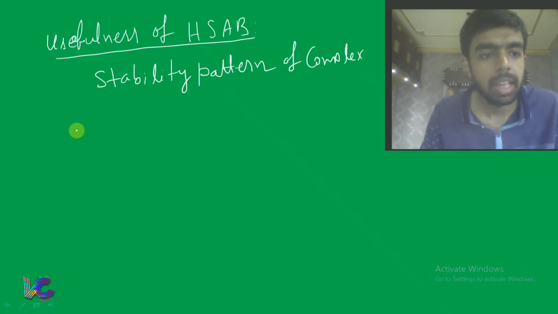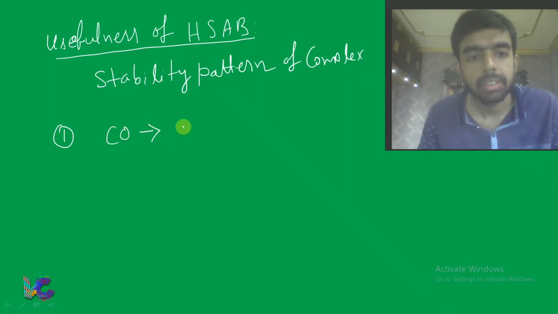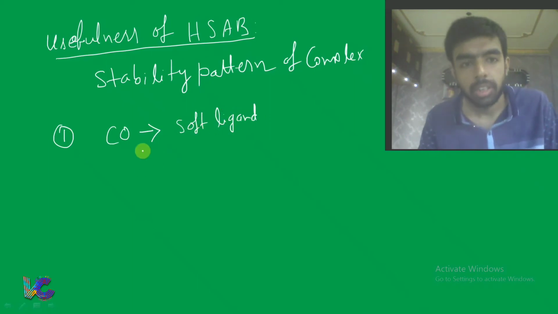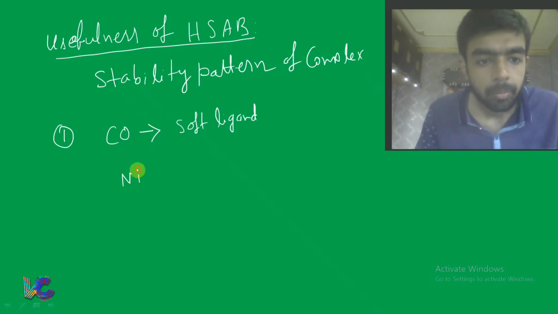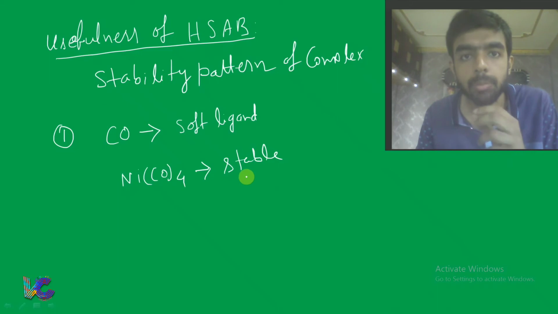If you see the example, CO is a soft ligand, it is soft in nature. As it is soft, it will prefer to bind with a soft metal according to the HSAB principle. Now Ni(CO)4 is a stable complex, this you know. So the stability of Ni(CO)4 can be explained in terms of the HSAB principle.